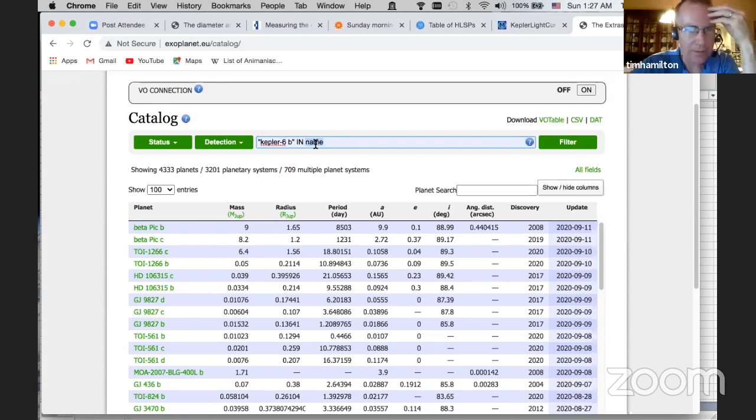Now, name is a property of the entries in the database. So for those of you who have done database queries like SQL and so on, you may be familiar with this already. So we're saying that this string here, in quotes, must be found in the name field.